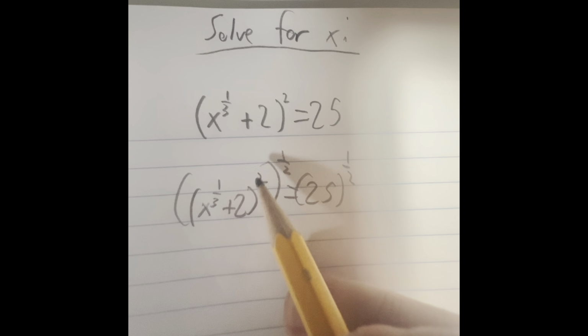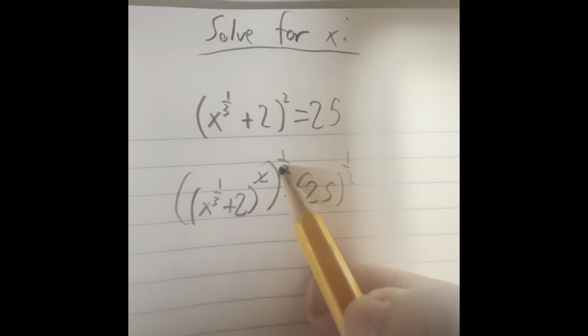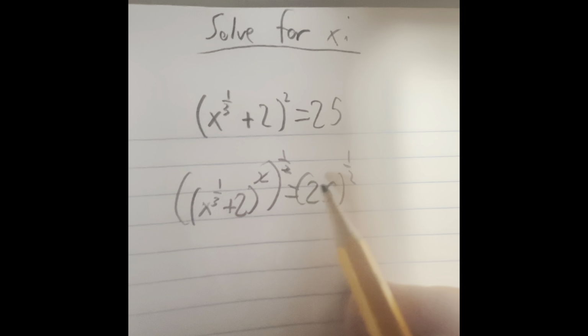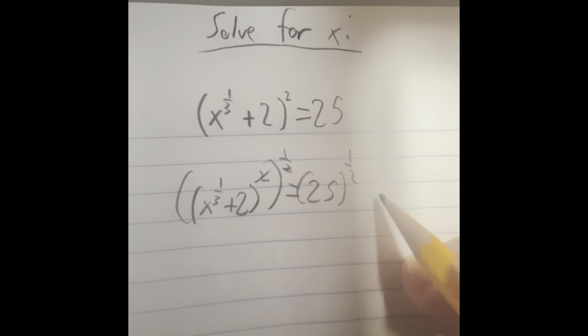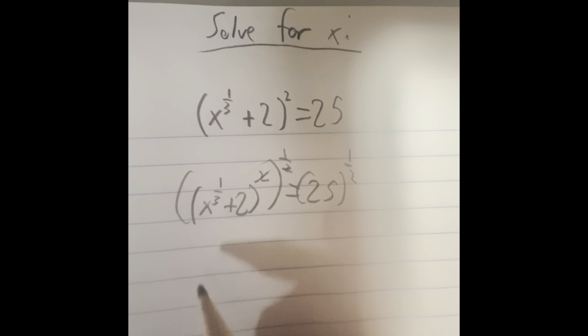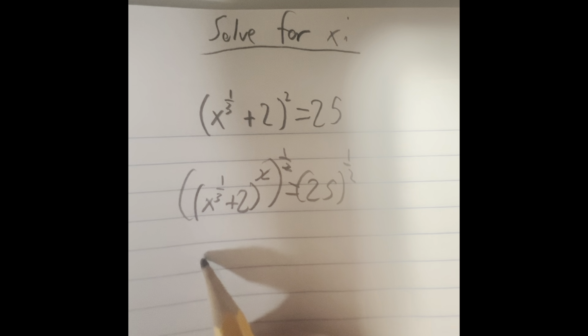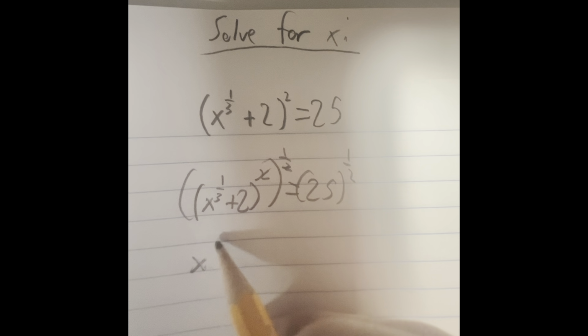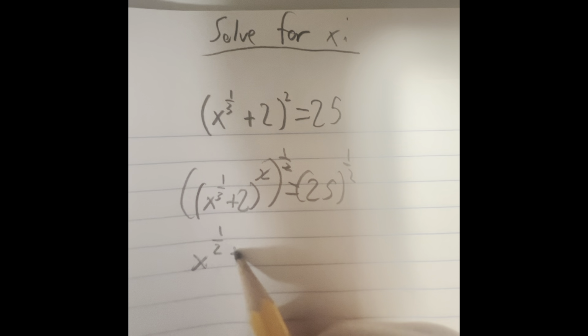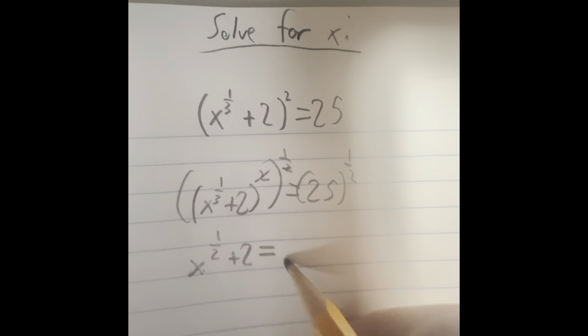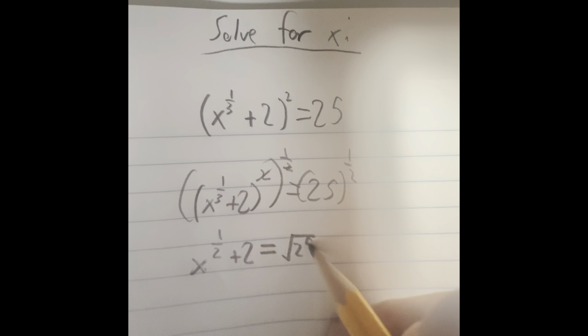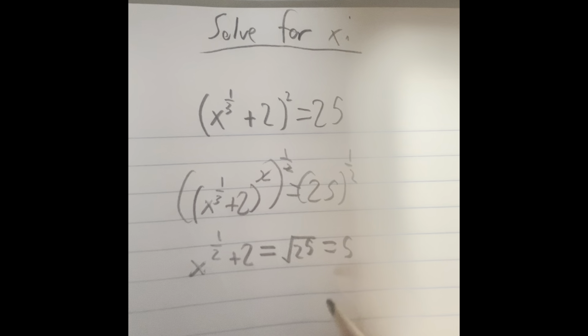This is going to cancel out the square here, and this is just going to square root the 25. So we're left with x to the 1/3 plus 2 is equal to the square root of 25, which is just equal to 5.